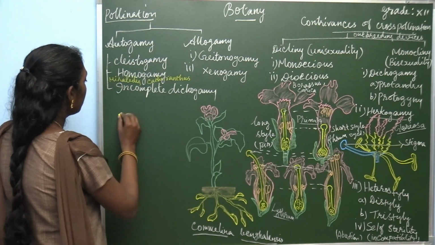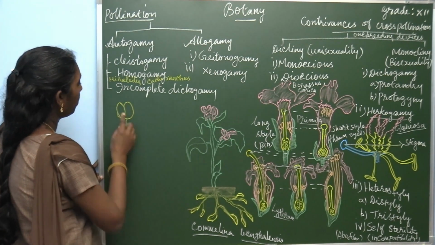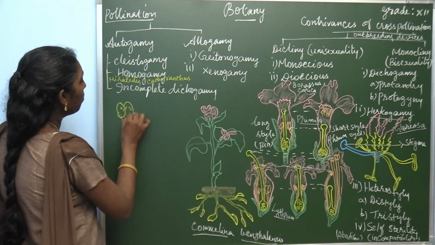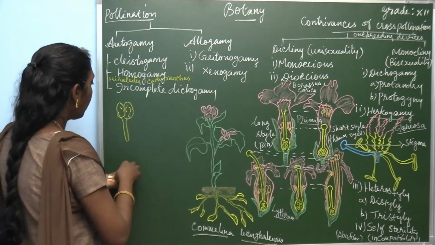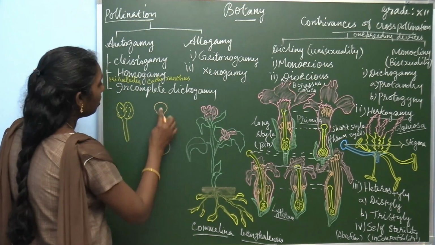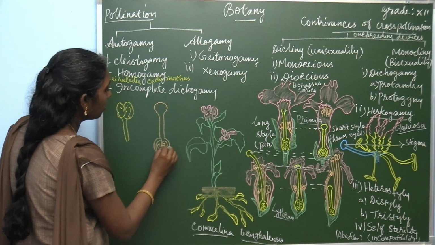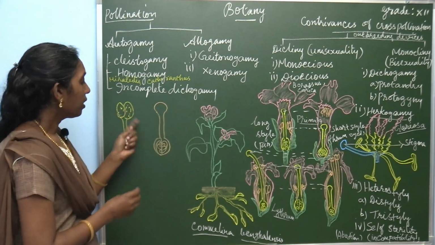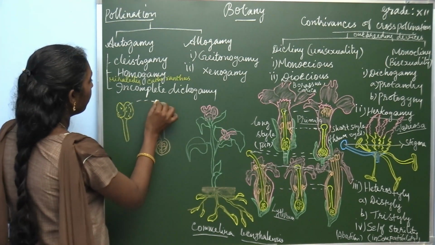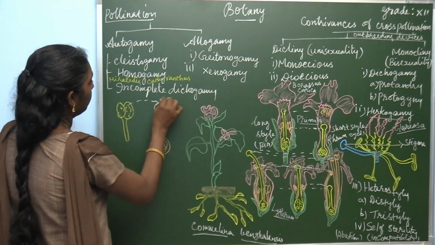In this flower, there is a stamen, which contains the anther. In the anther, pollen grains are present, and this is the stigmatic surface of the pistil: stigma, style, ovary. Ovules are present here. The pollen grains are dusted from anther to stigma.